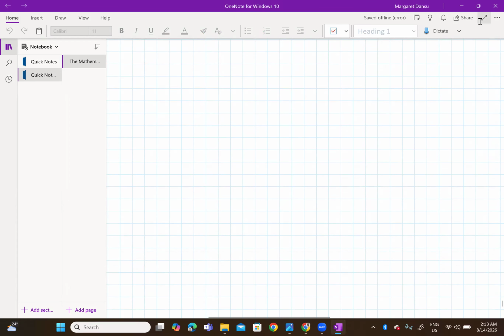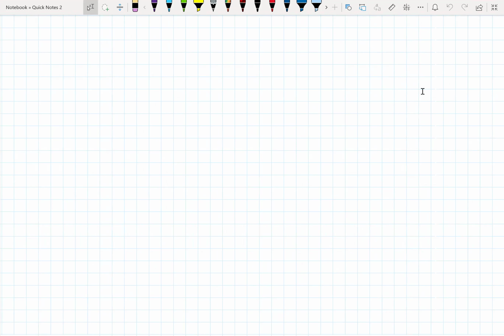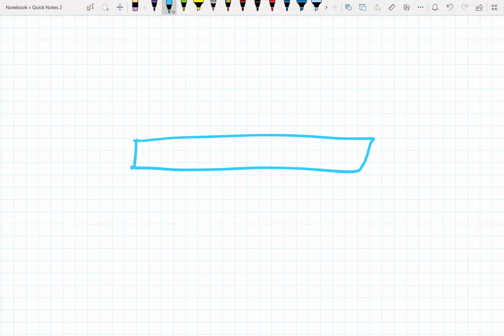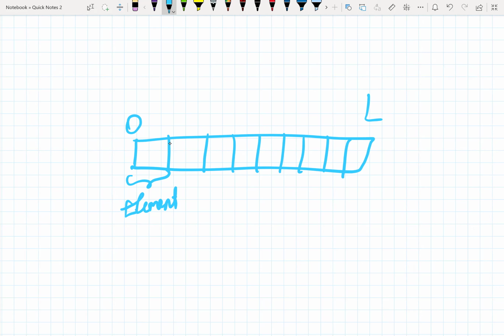So imagine this scenario that you have a rod from 0 to L. You now divide that into portions like this. Each of these is an element. So every element has a boundary with the next element, and so on and so forth. That's exactly the idea right here.